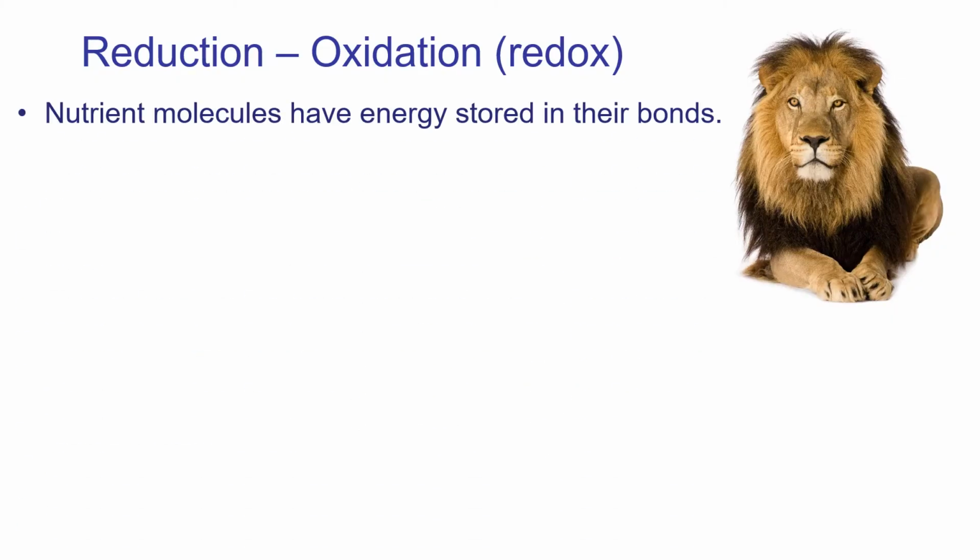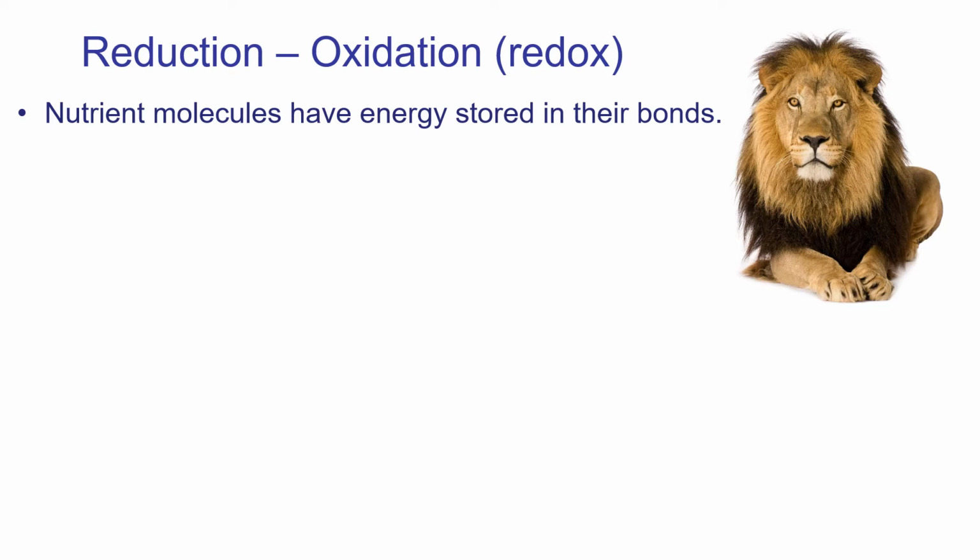Nutrient molecules that our cells consume and oxidize have potential energy. There's energy stored within the bonds. Now, technically speaking, the bonds of your food molecules don't have a lot of energy, but the potential comes from the fact that we can pull those bonds apart fairly easily, and we can form new bonds that release an excess of energy.